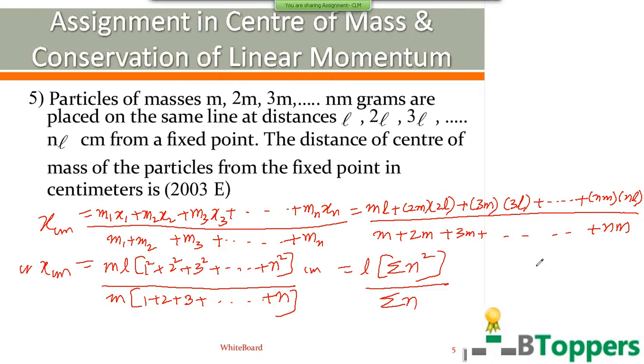So you must be knowing the two results from school level mathematics. The sum of the first n natural numbers, sigma n we write, is given by n into n plus 1 by 2.